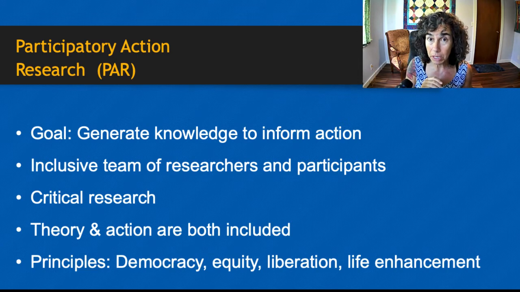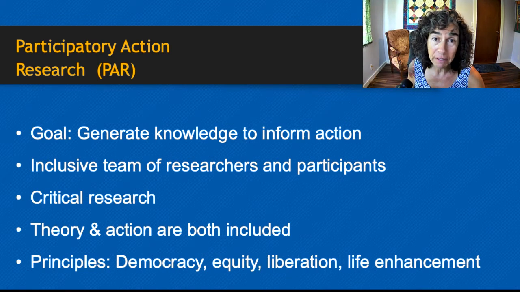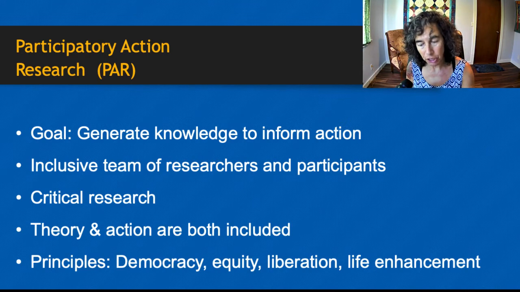It's critical research. And again, remember I said that critical research is questioning the status quo on many different levels of political, societal, cultural realities. We have theory involved in it, and we also have action. So kind of two different phases.